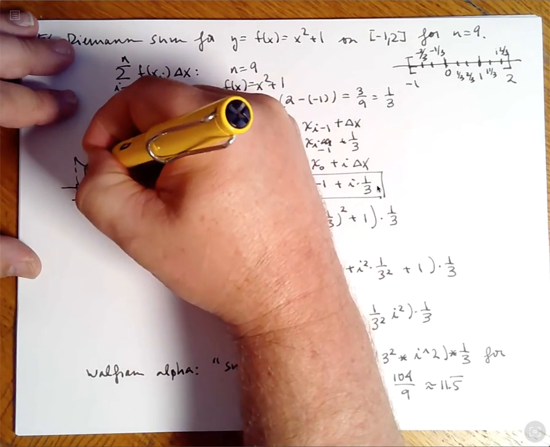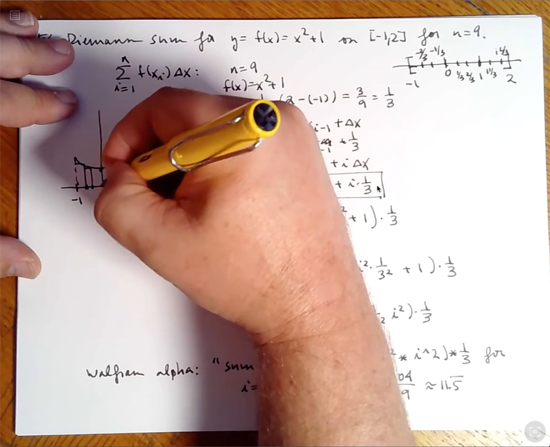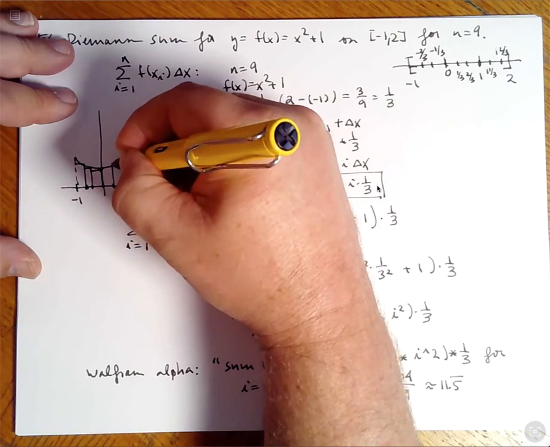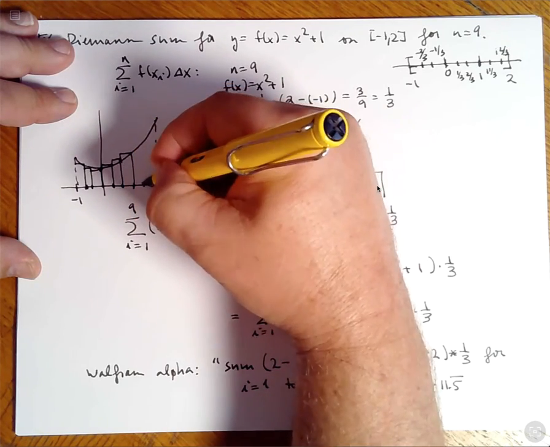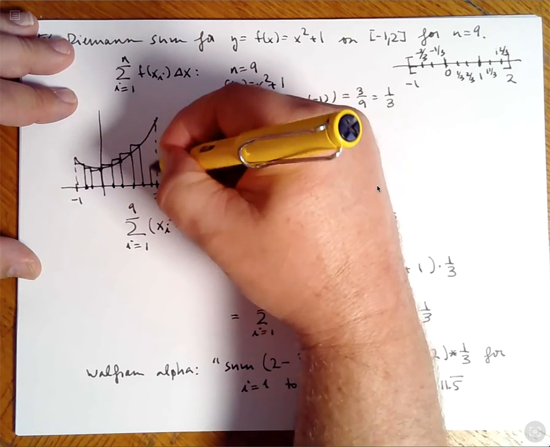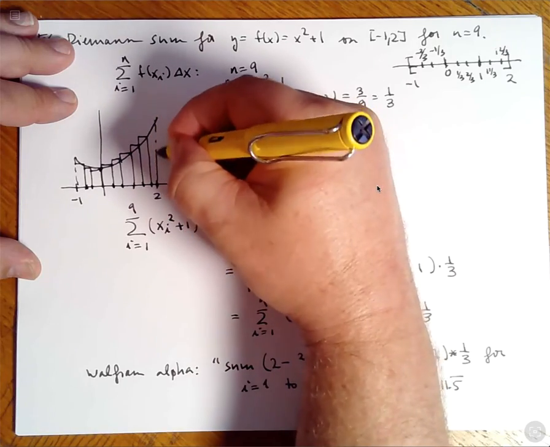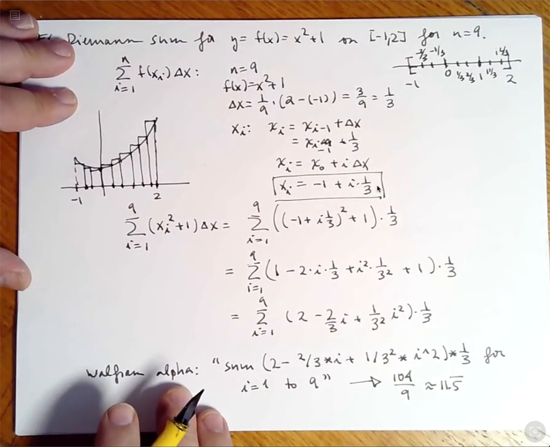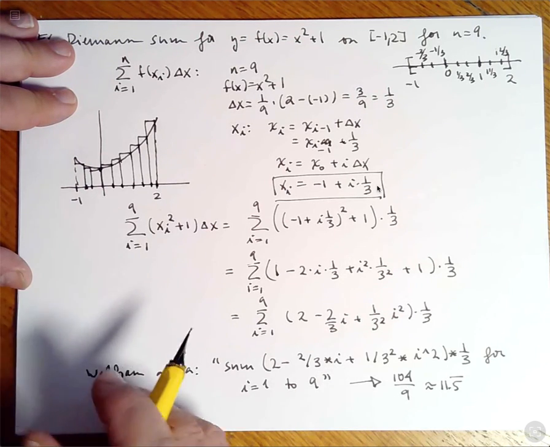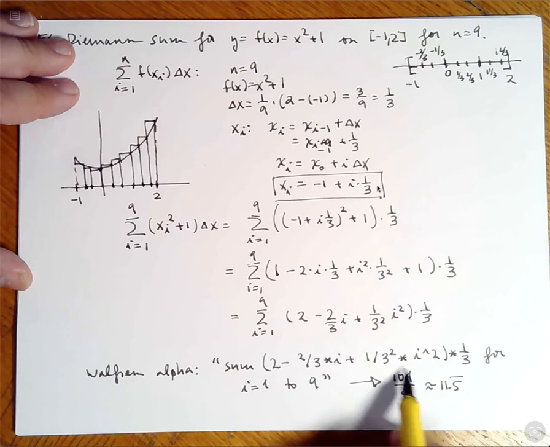This is a very rough sketch. I just made a mistake on one of those rectangles. But that's what we get. And yes, the picture shows that this is an approximate area. It's not the exact area.